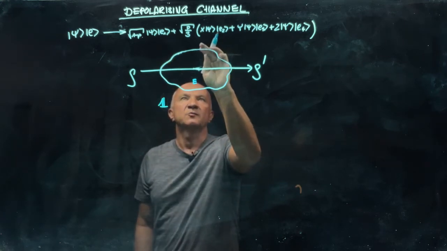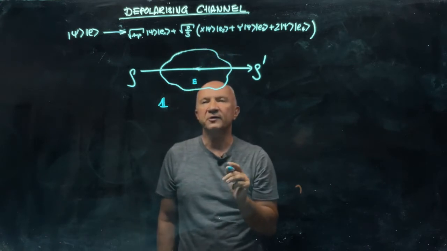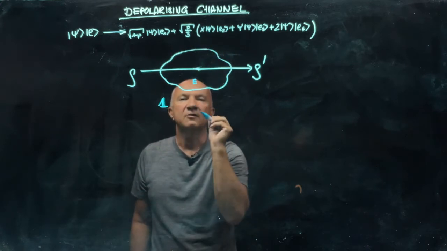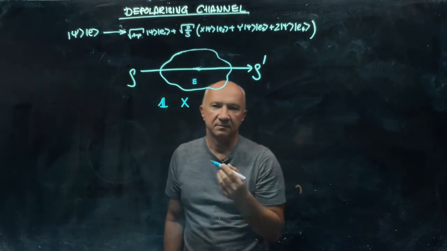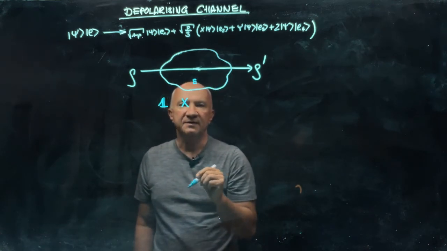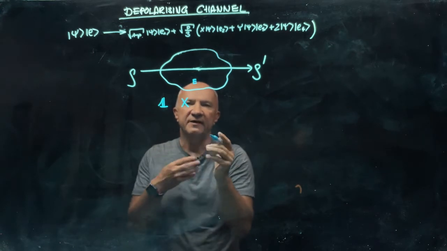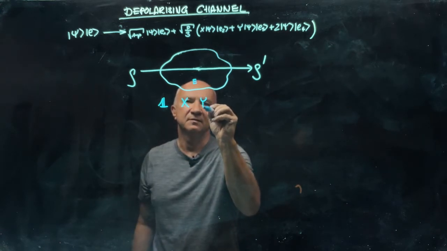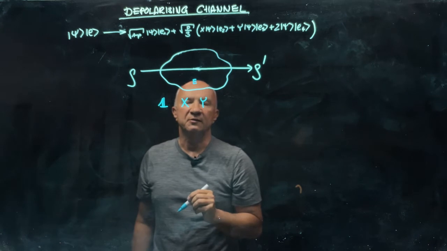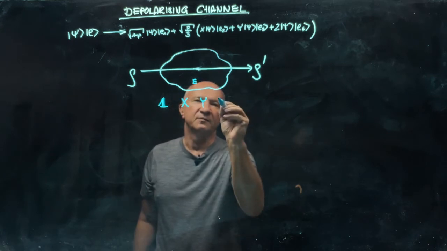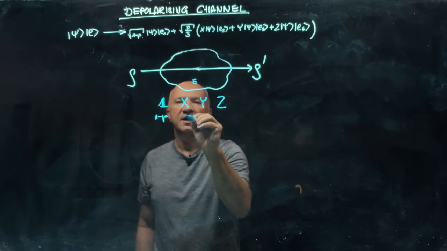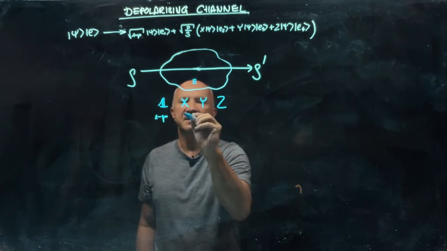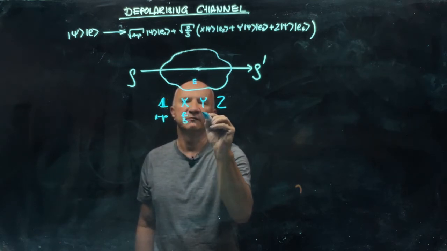And with probability p over 3, the qubit can experience either the bit flip, that is the Pauli operator x, or both bit and phase flip, that's the Pauli operator y, or the phase flip. So this happens with probability 1 minus p, and each of the flips here happens with probability p over 3.